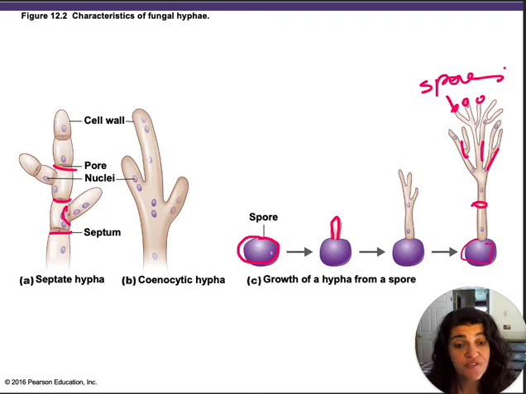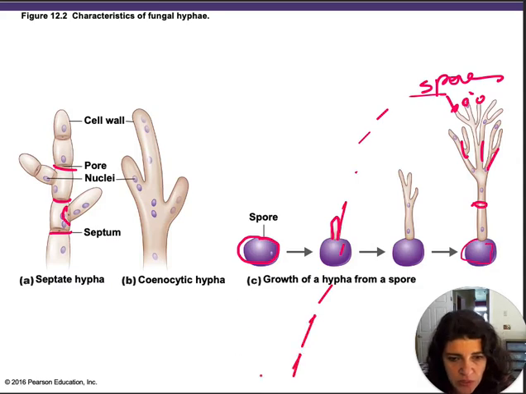These spores fall on the soil or whatever substrate that the fungus is growing on, just like a seed from a plant falls. So let's say this little spore is gonna come all the way here on the soil down here. So it fell here. And then what? And that is this. It's a new spore.